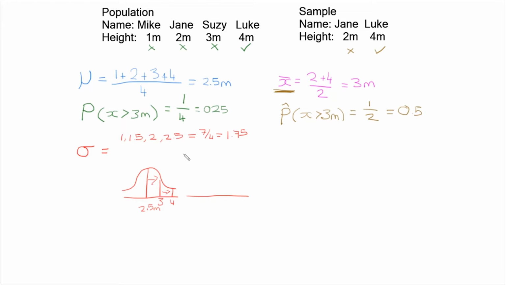Now in this case, because our standard deviation is smaller, what you'll notice is this. Notice that it's much steeper. This is 1.75. And when we go up much less, because our values are closer. Oh god, that's terrible.